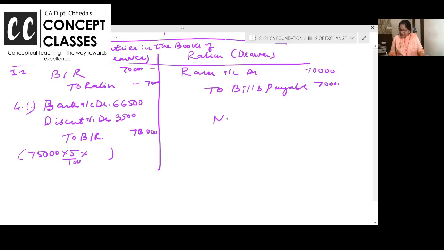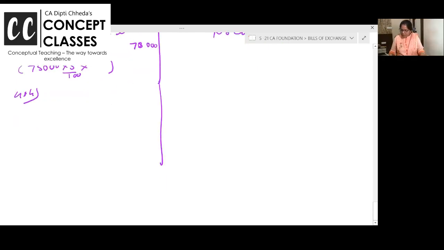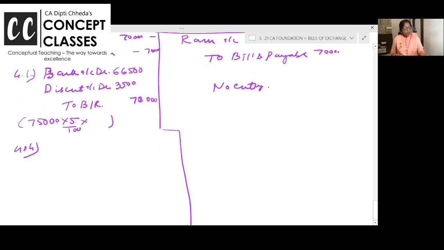Here what will be the entry? No entry. Now the bill became overdue. So on 4th of April, what we will do now on 4th of April? Bank को dishonor कर दिया bill and the entries. 1 second.